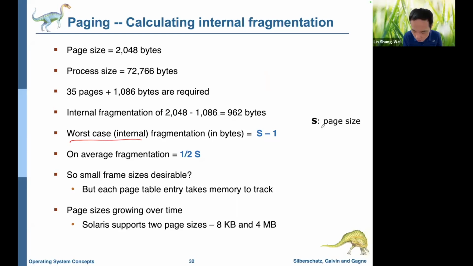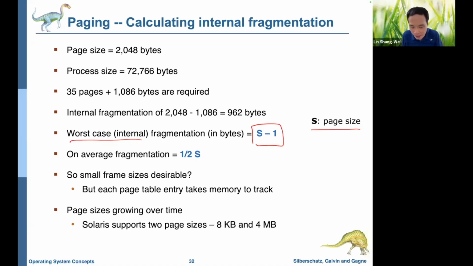Okay, let's assume that our page size is S. The worst case for internal fragmentation would be this number. Why? Think about why. As I mentioned, the size of your process may not be a multiple of your page size, right?